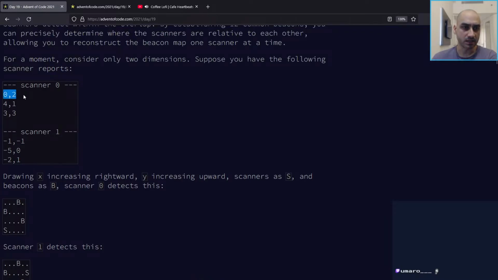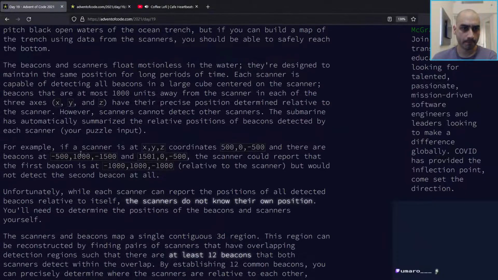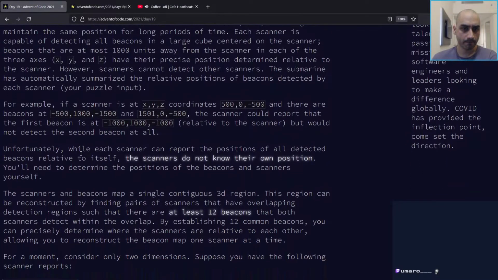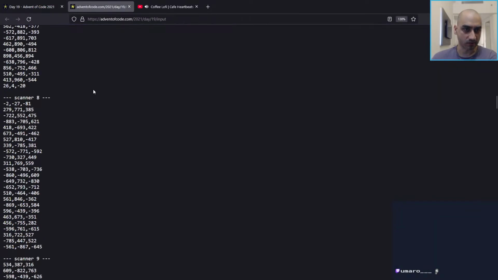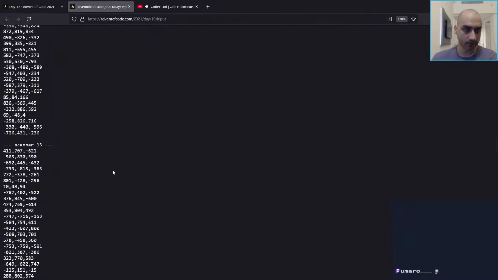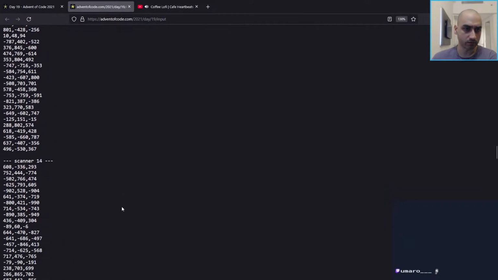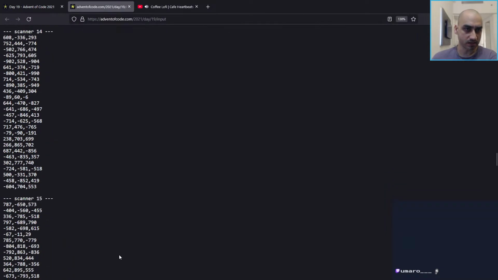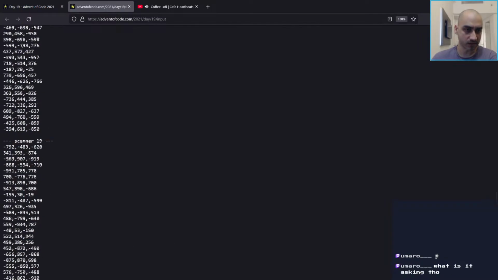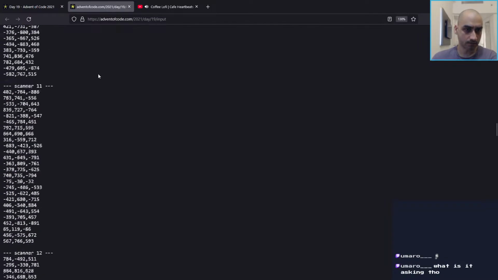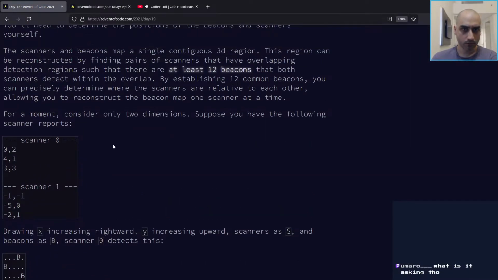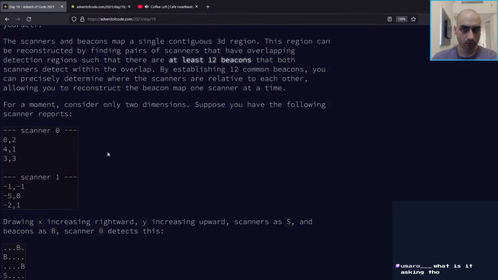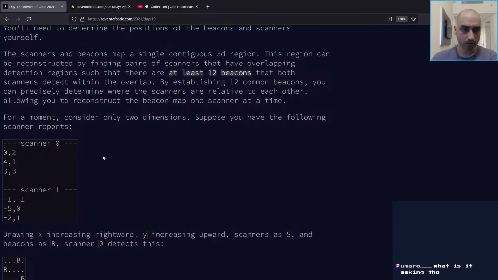Oh, these are the same beacon? Okay, that would make things a lot clearer. They're all talking about the same... Oh no. No, they wouldn't, because some beacons are not visible. So it's not necessarily... What is it asking now?